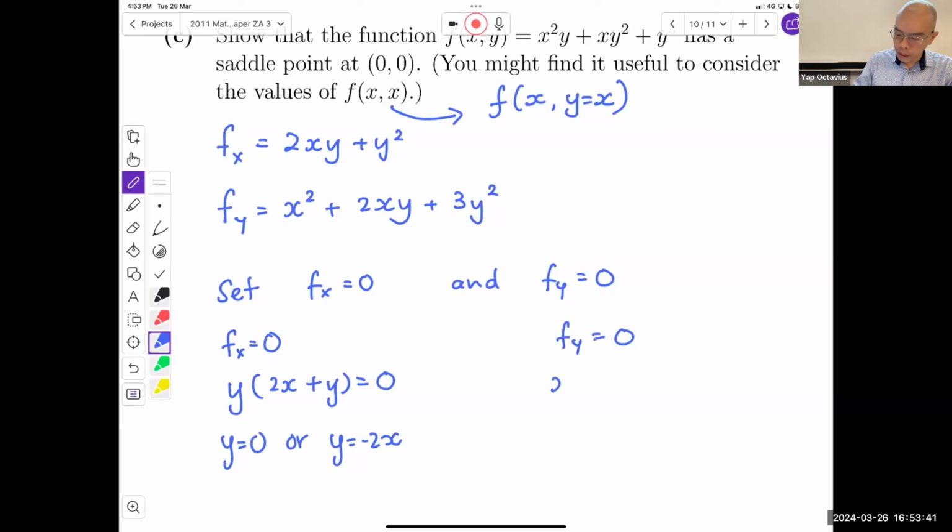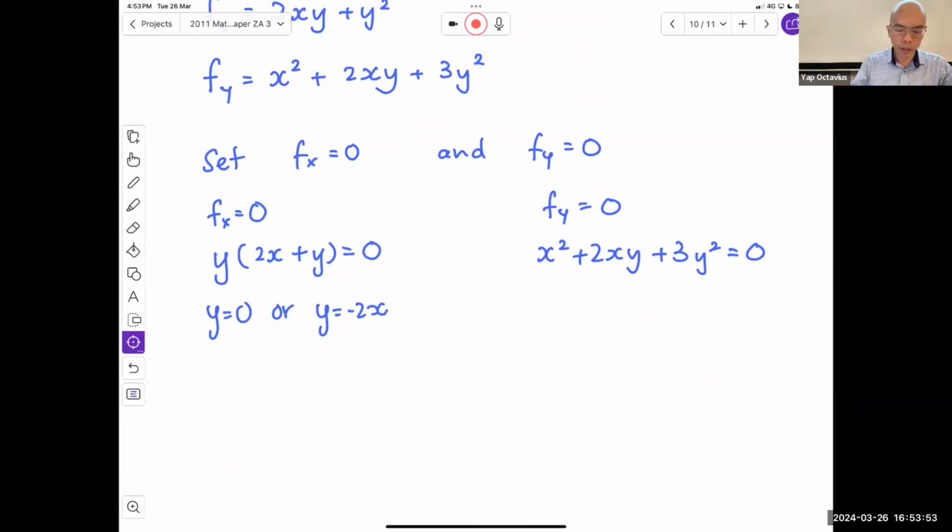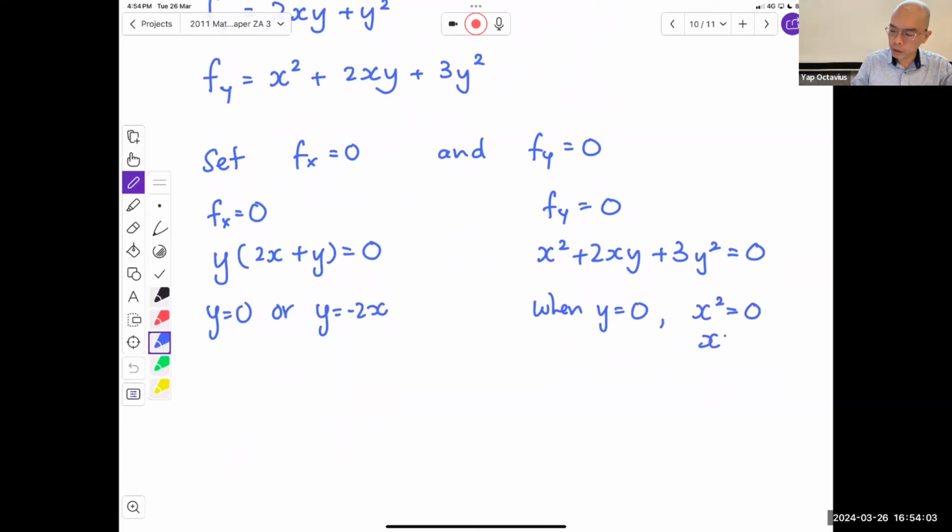You get x squared plus 2xy plus 3y squared equals 0. So let's put in y equals 0. You get x squared equals 0, so x equals 0.